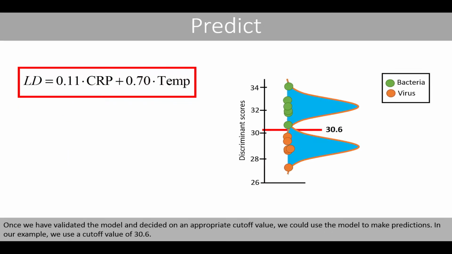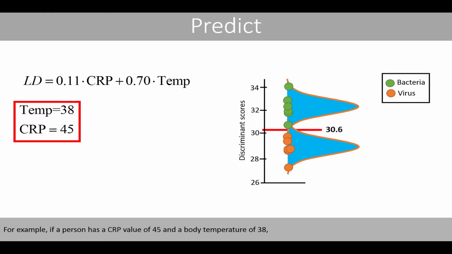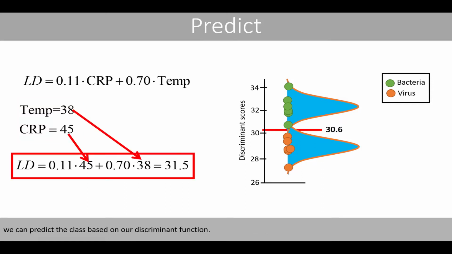Once we have validated the model and decided on an appropriate cutoff value, we could use the model to make predictions. In our example, we use a cutoff value of 30.6. For example, if a person has a CRP value of 45 and a body temperature of 38, we can predict the class based on our discriminant function.